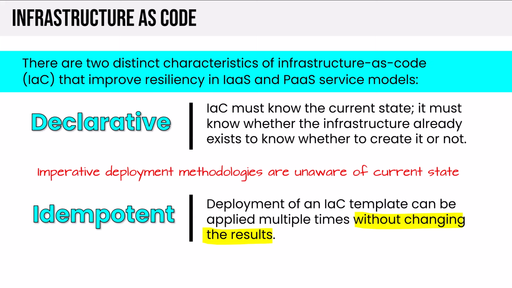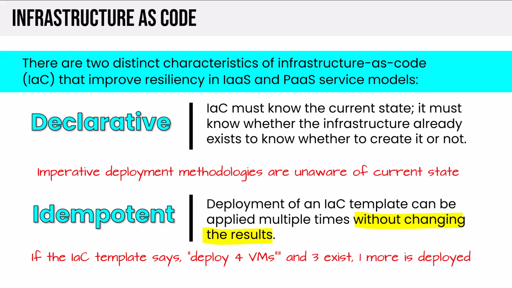So for example, if the infrastructure as code template says deploy 4 VMs and 3 VMs already exist that are defined in that template, one more VM is deployed. If I delete 2 VMs and run the template again, it will deploy 2 VMs. And if it sees that 4 VMs exist, it will deploy 0 VMs. But it makes sure that the state declared in that template has been deployed in the environment.